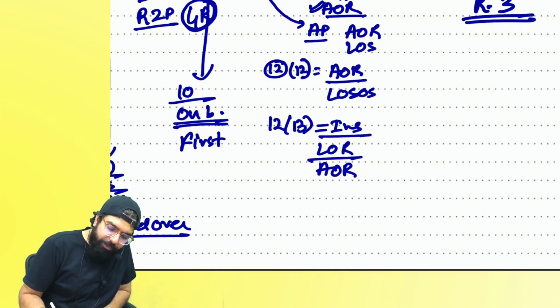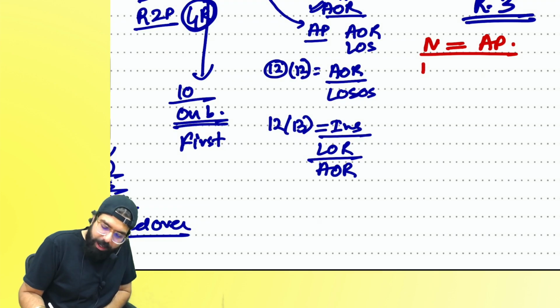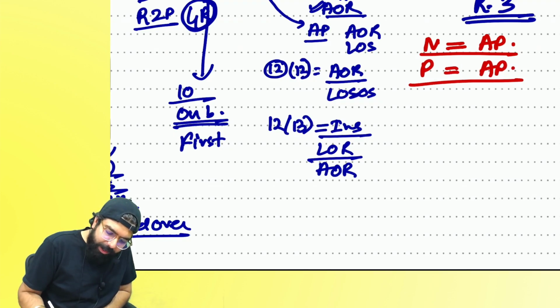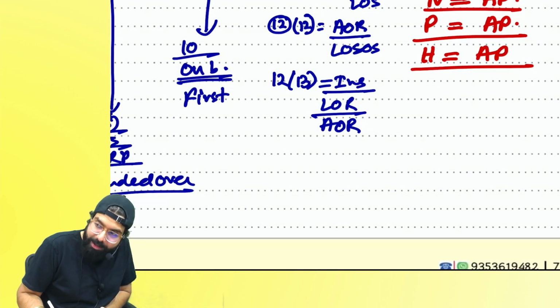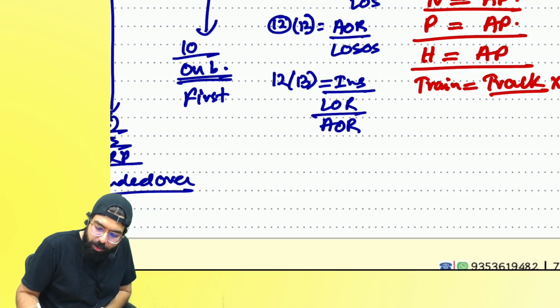Rule number 3 first says, if advertisement is through newspaper, then amount payable. Then printed material, then amount payable. Then hoardings, then amount payable. If advertisement is done in railway, in a train, then the track ratio multiplied by amount payable.